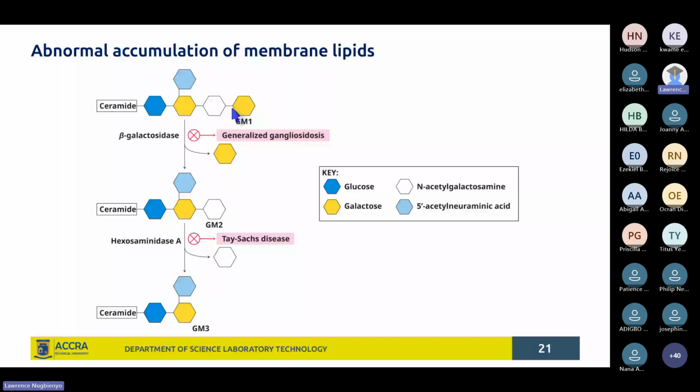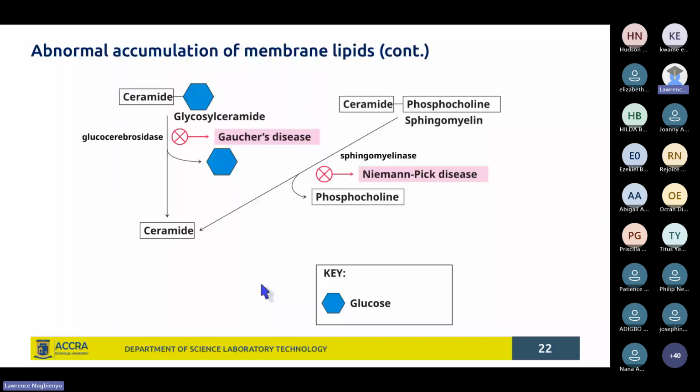Similarly, deficiency of hexosaminidase A causes accumulation of GM2 in the nerve cells and nervous system, which also affects vision, causing blindness and deafness.